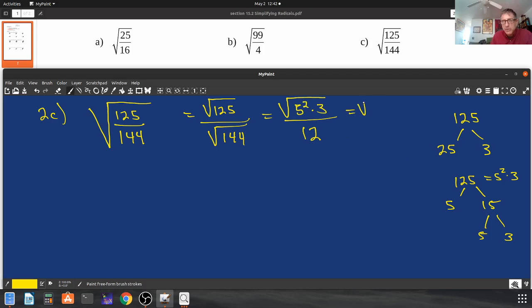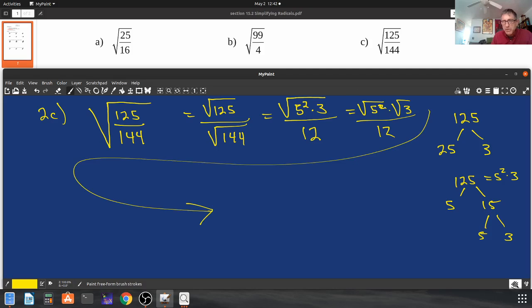So that's equal to the square root of 5 squared times the square root of 3 over 12. Finishing it up down here, the square root of 5 squared is 5. The square root of 3 cannot be simplified because 3 is prime. It doesn't share any even powers, divided by 12.